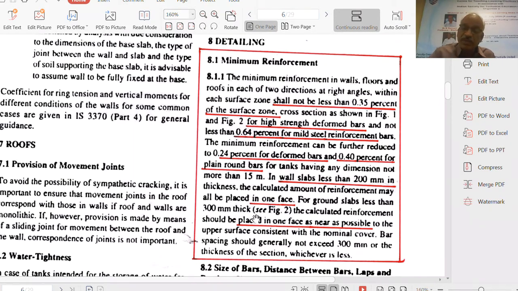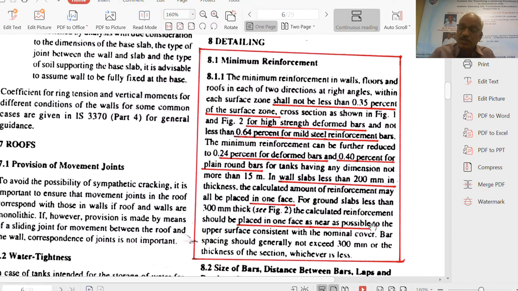Similarly, for ground level slabs less than 300 mm thickness, the calculated reinforcement should be placed in one face. When the thickness of the base slab is less than 300 mm, you have to place the reinforcement only on one side, the upper surface.